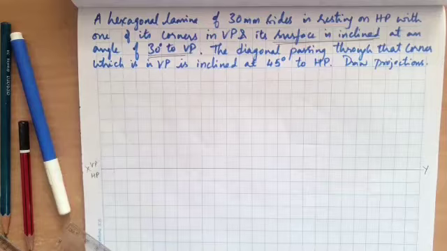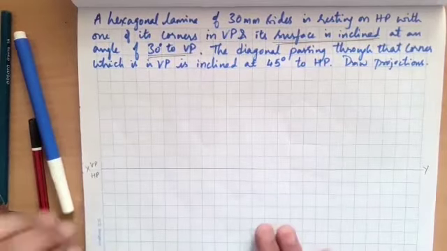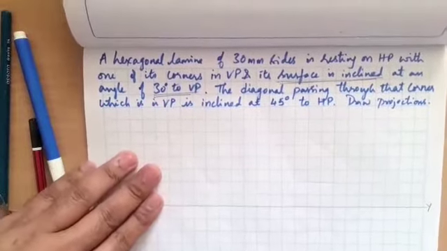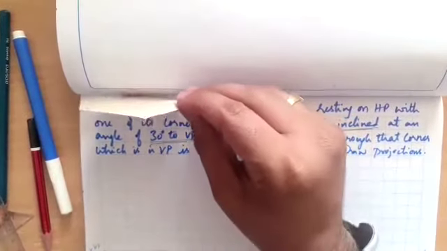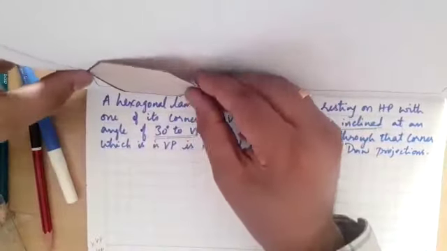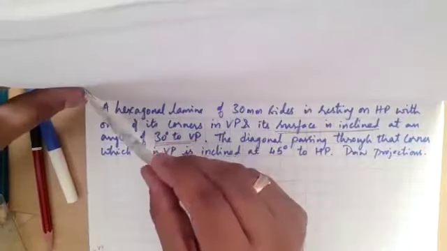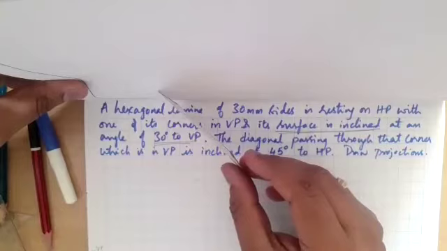See, hexagonal lamina of 30 sides is resting on HP with one of its corners in VP. See, this is a lamina which is resting on HP with one of its corners in VP, means I'll give some inclination to it and I'll make the lamina rest on HP at the initial stage.